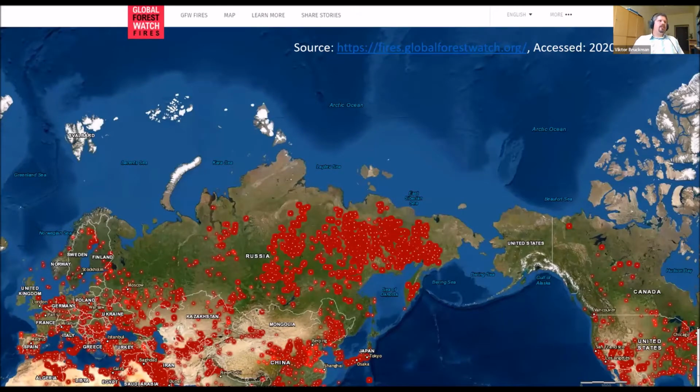I've prepared here a slide that shows you current wildfires. It's taken by the MODIS satellite, from the website Global Forest Watch Fires. It was accessed only yesterday. You see that at present, if you look at the boreal forests, there are just a few fires in Canada. There are not many in Northern Europe, and there is a hotspot in northeastern Siberia.